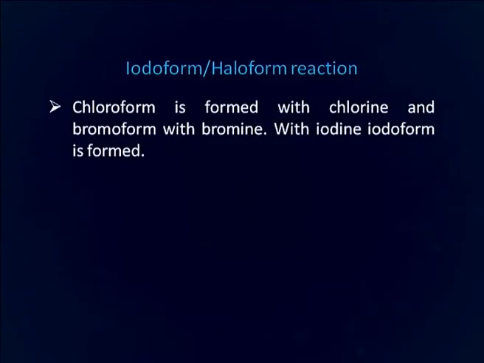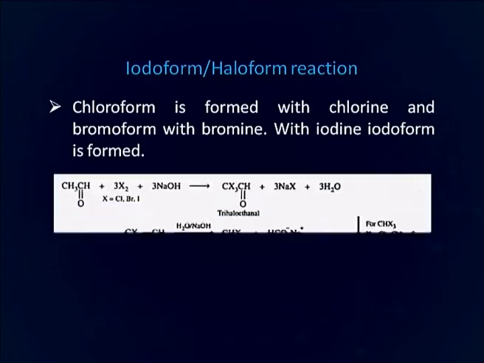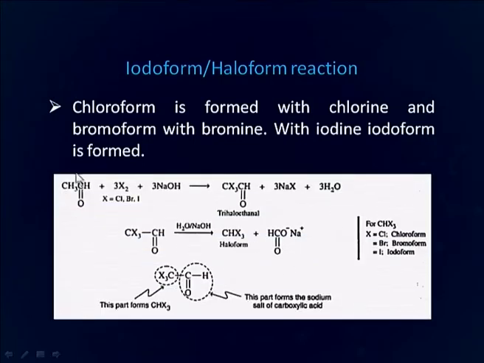If chlorine is used, chloroform is formed, and with bromine and iodine, bromoform and iodoform are formed respectively. In this example, if X is chlorine, the product will be chloroform. If X is iodine, there will be formation of iodoform.